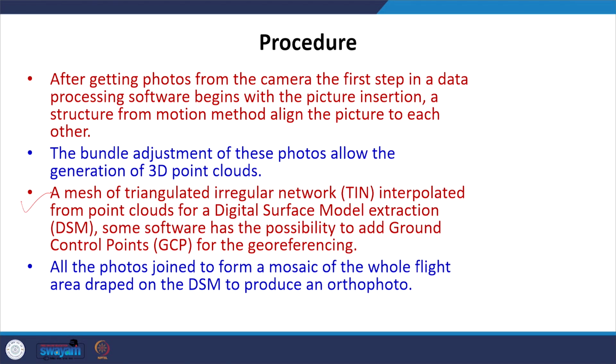The bundle adjustment is then carried out on these photographs, which allows creating a 3D point cloud model. Then we create a mesh, a triangular irregular network, TIN, which is interpreted from the point clouds for digital surface model extraction, DSM. Some software has the possibility of using ground control points for georeferencing. So, they help us in georeferencing using the coordinates of the ground control points.